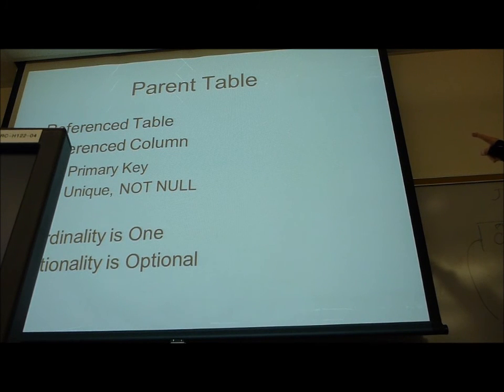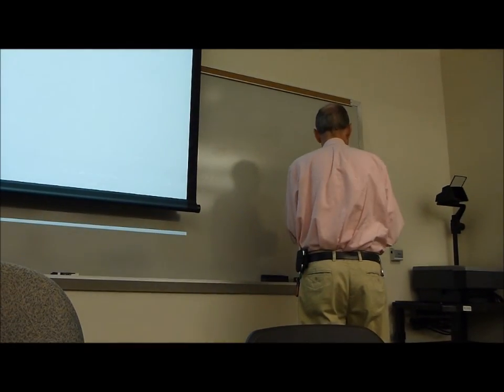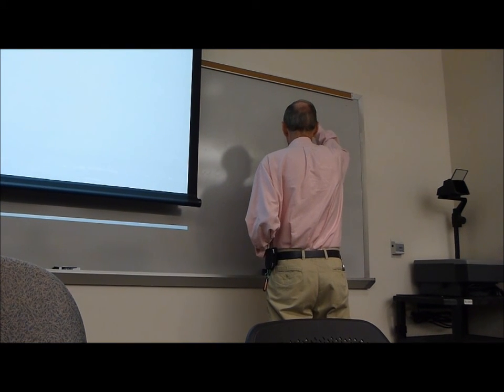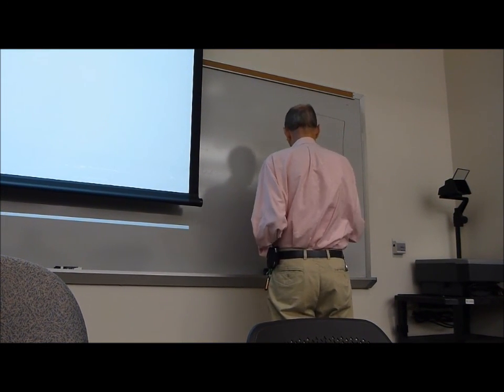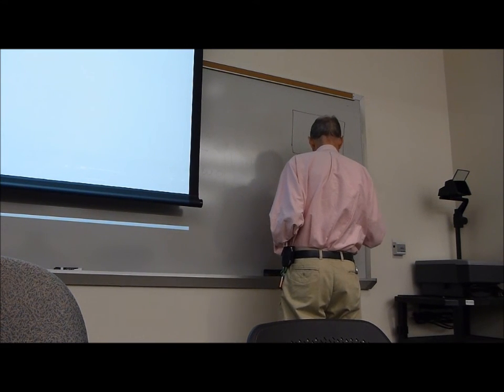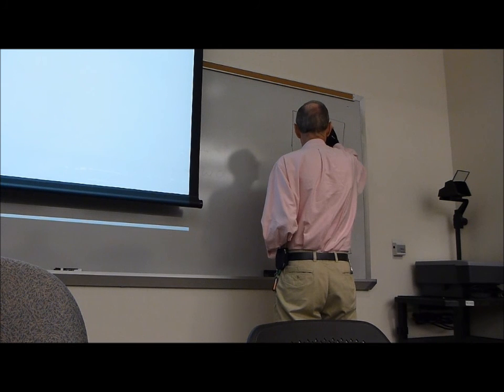We'll draw a little generalized relationship between entities, and I'm going to refer to something called the parent table. For any two tables, the relationship between the tables is parent and child.